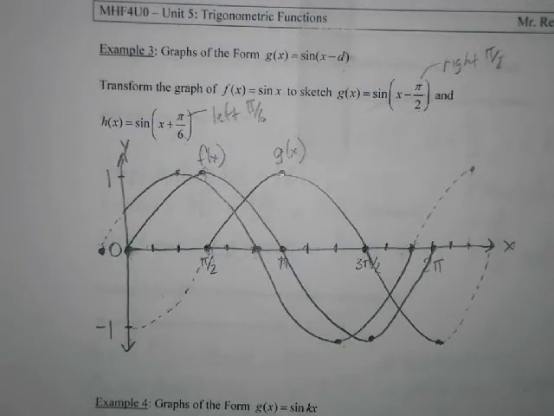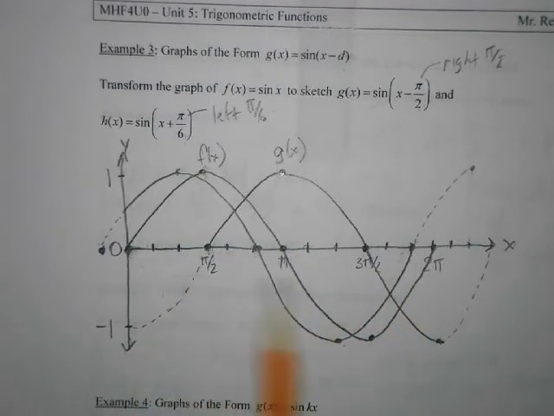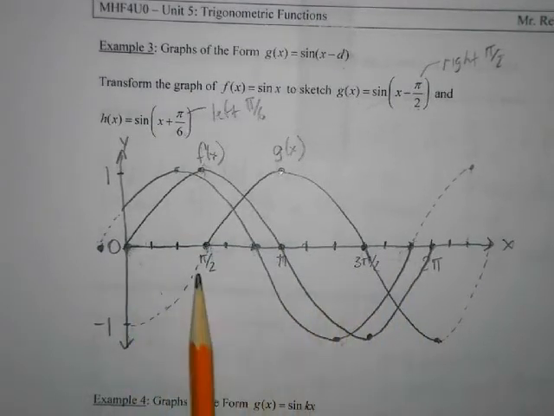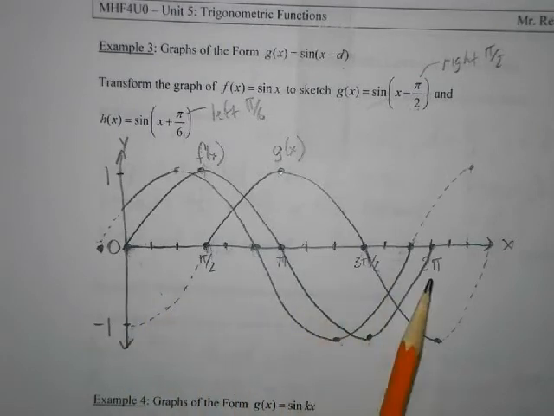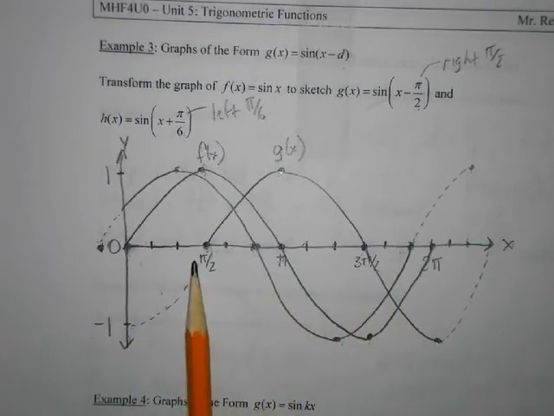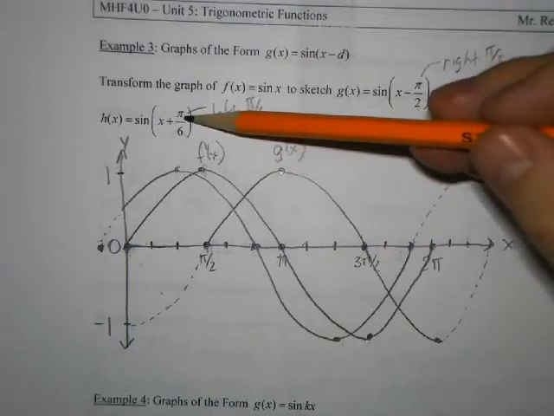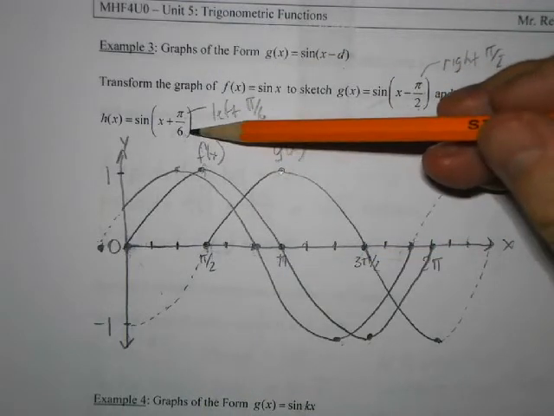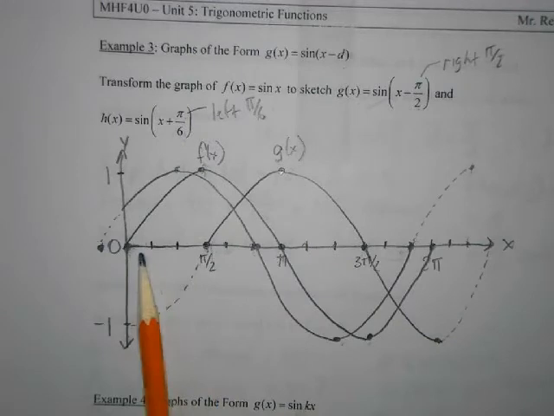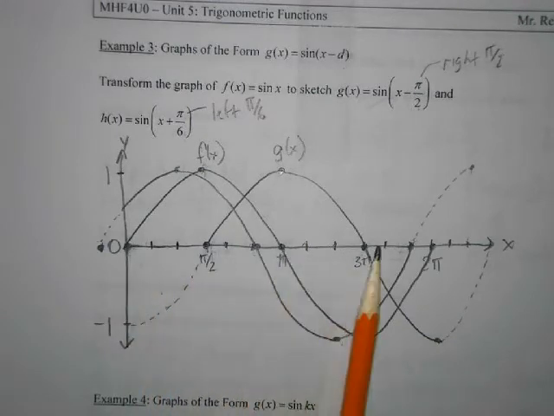Now one thing that's important here is to get a good scale down here. I always divide the period by 4 so I can get my 5 key values. But the phase shift throws a monkey wrench into that, because your scale should accommodate it. In this case, the shift was pi by 6. Originally I didn't have these dots, I just had the 4 main ones.